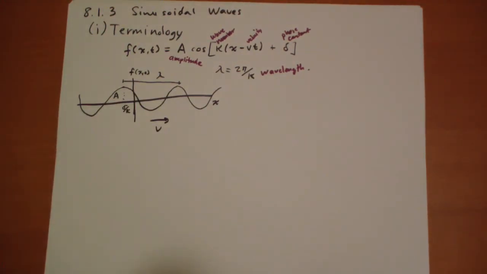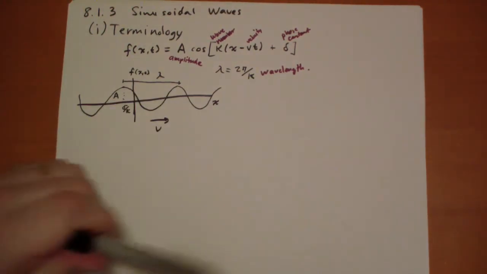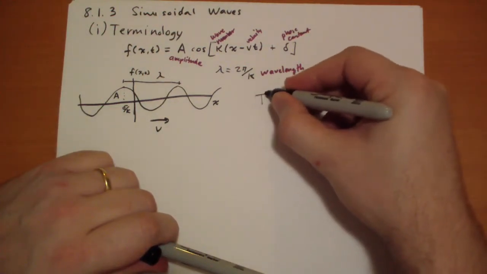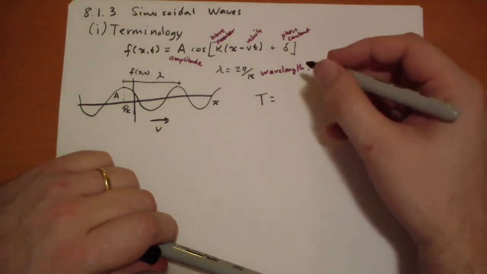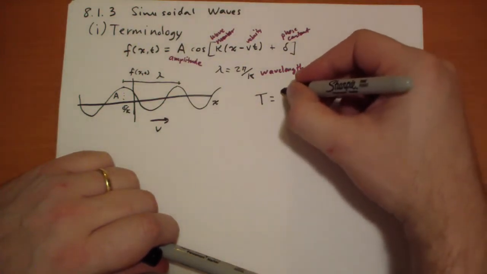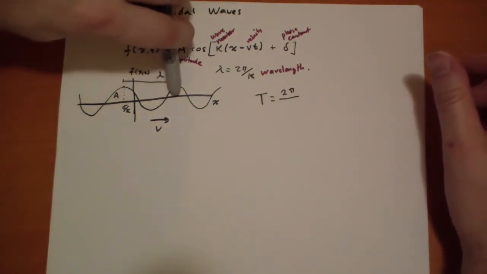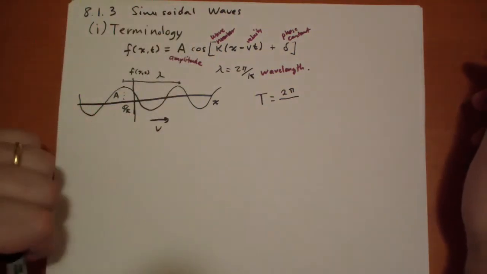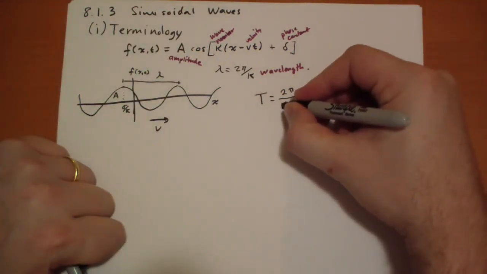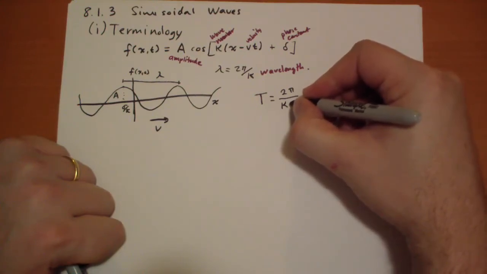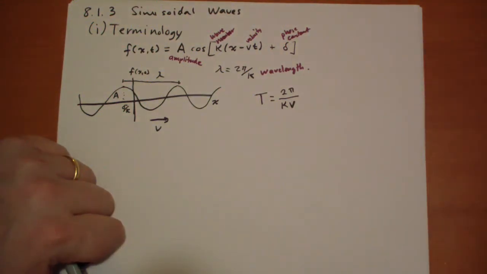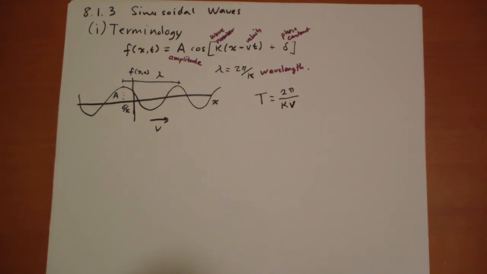Capital T, the period. We talk about the period, not the tension. The period is how long it takes, if you're sitting at one point along here, for you to see a complete cycle. So that's 2 pi over kappa v, the velocity.